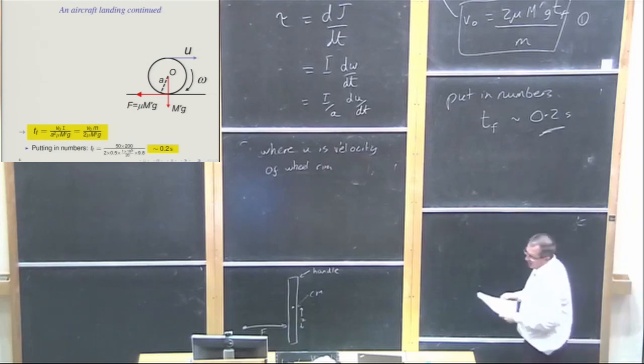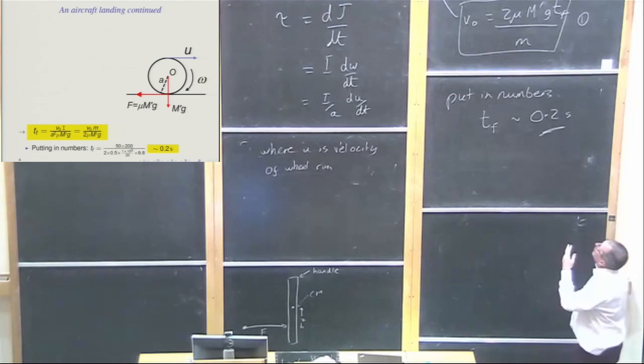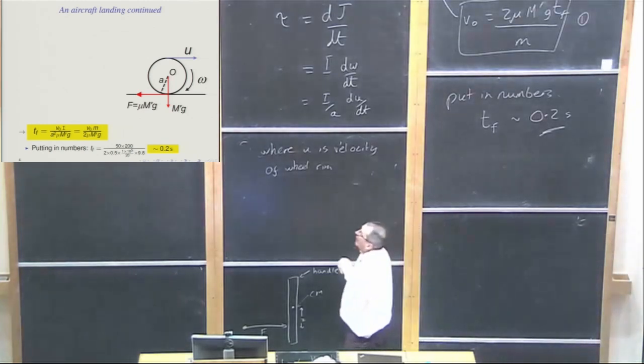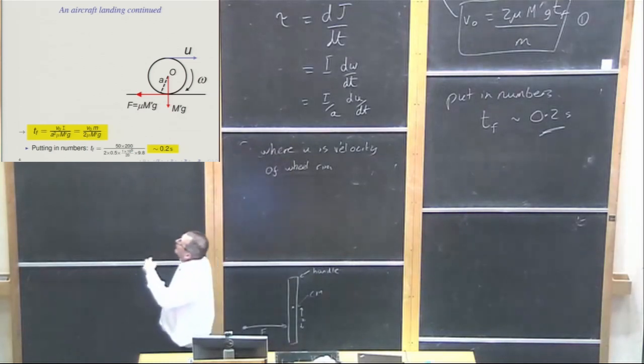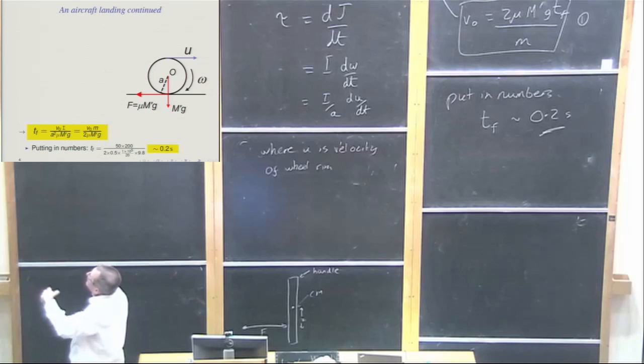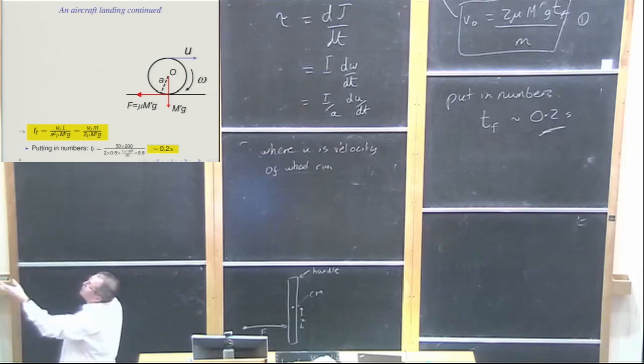Now, what will happen naturally is as the plane is landing, it will be giving energy to the wheels, because the wheels start with no rotational kinetic energy, apart from the translational kinetic energy, but then they start to spin.